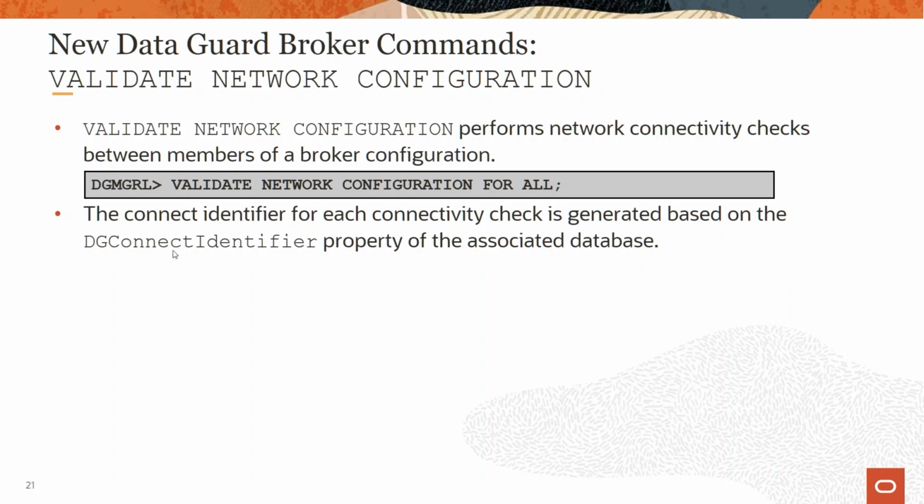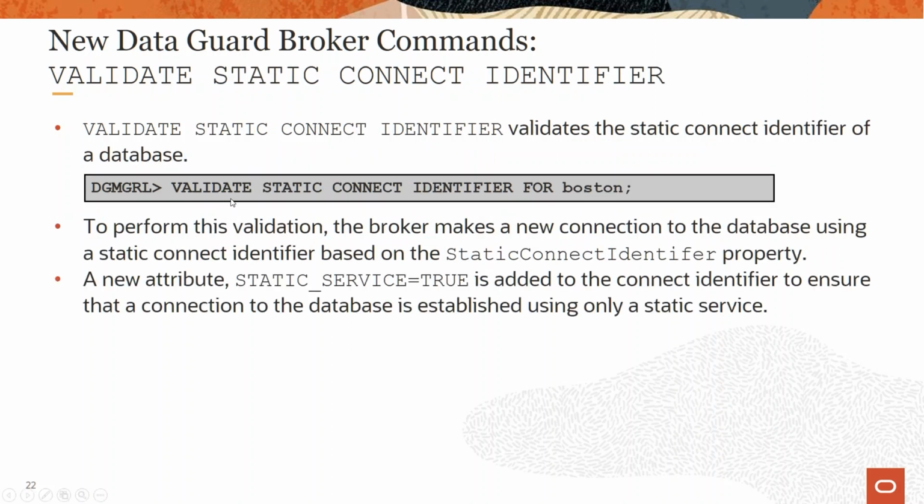We already displayed the Data Guard connect identifier as part of a previous demonstration: I typed show database verbose London, and it displayed everything including the Data Guard connect identifier. And we can also validate the static connect identifier for Boston. This is to check static service registration.